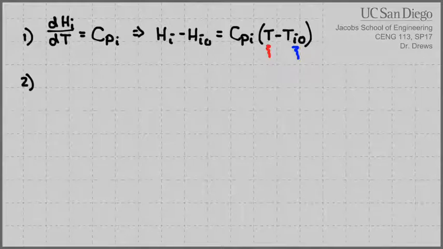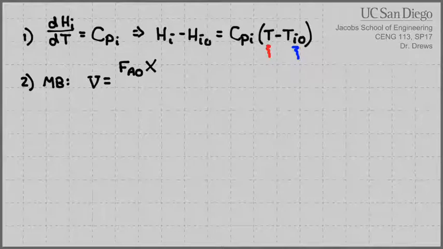The other piece that we have is our material balance. So the material balance that we saw on Friday's class was that the volume of the reactor, capital V, is equal to the flow rate of A initially coming in times the conversion of A over minus RA.